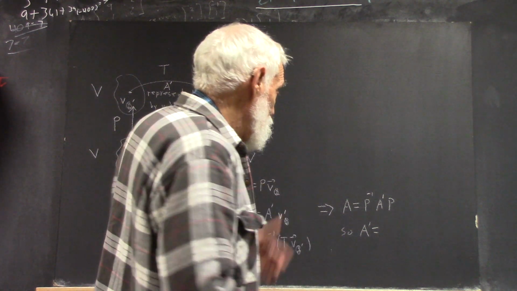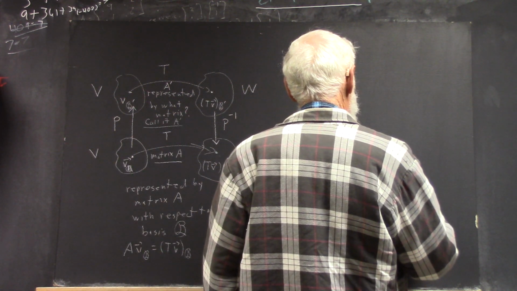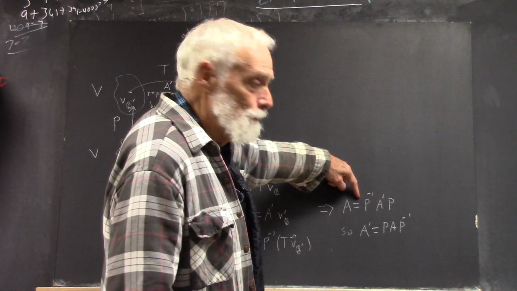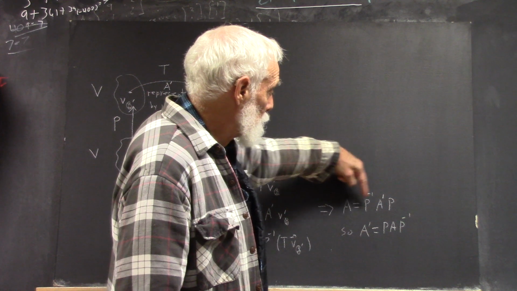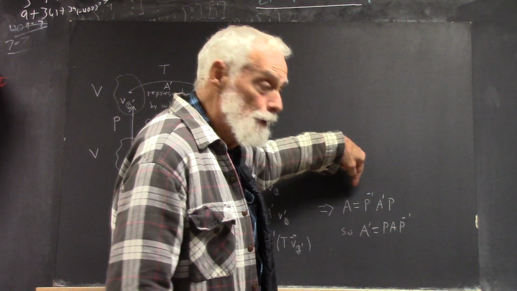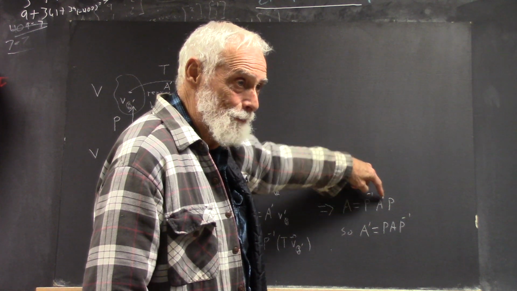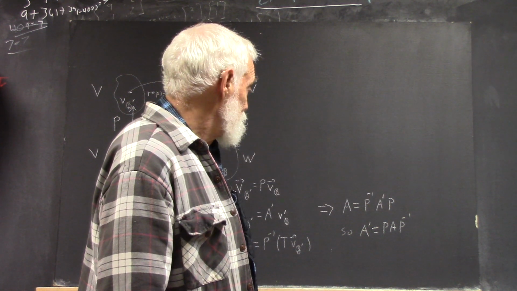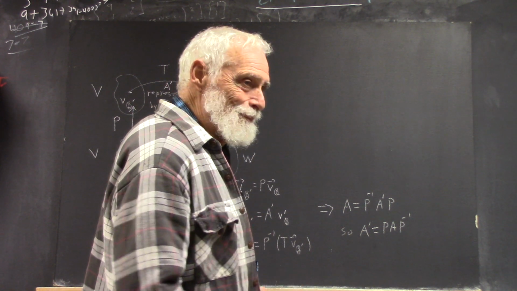So it follows that A prime equals P A P inverse. You just multiply on the left by P, you get P A. Then multiply on the right by P inverse, you get P A P inverse, and you've isolated A prime. So that's much simpler than what you were thinking.